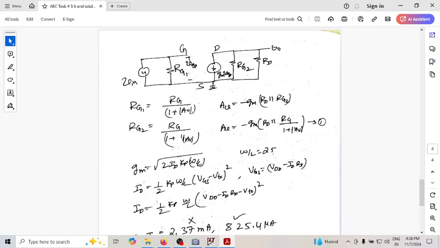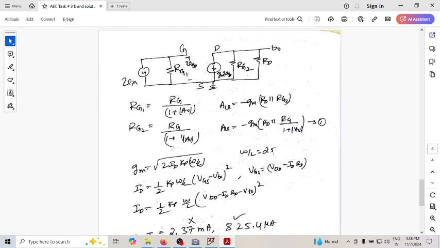When I say 1 over AV, I'm just taking the magnitude. In the actual circuit it is ZF by 1 minus AV. Because we have a negative gain here, I'm writing it as plus so that the equation doesn't change. So this is the equation for Rg1, and this is the equation for Rg2.